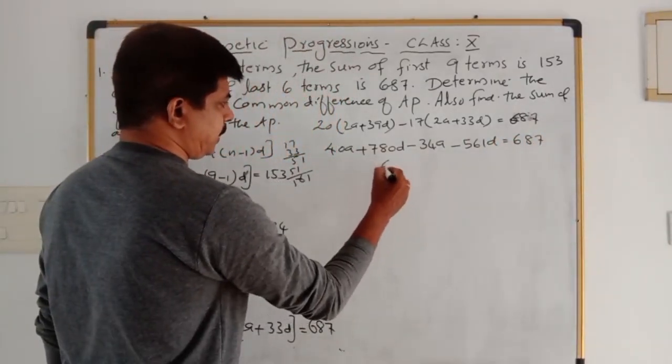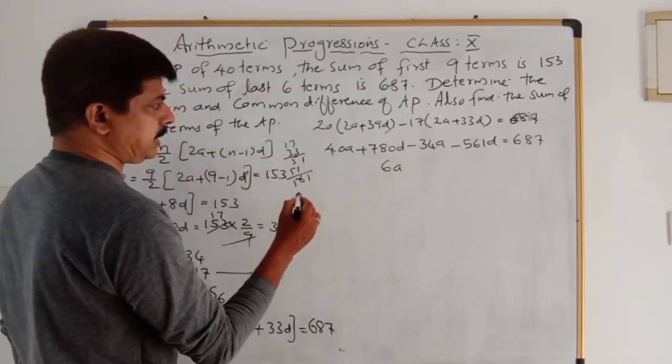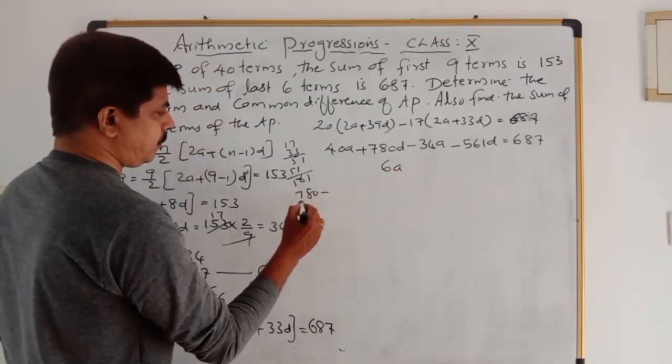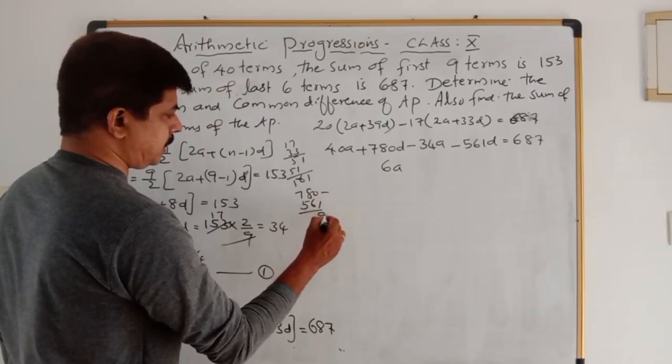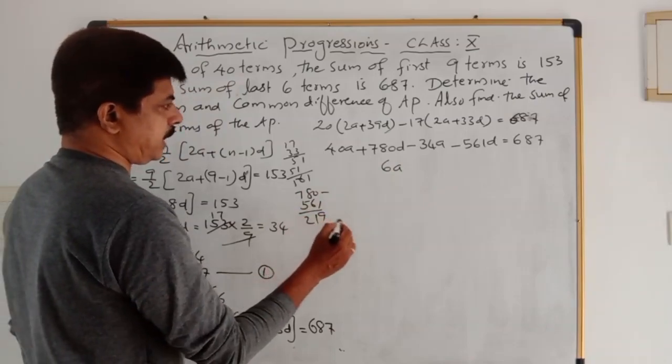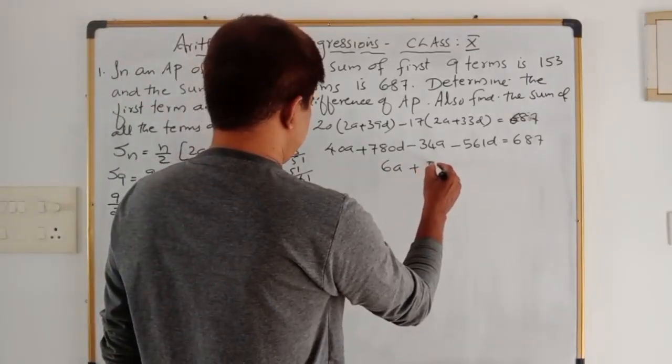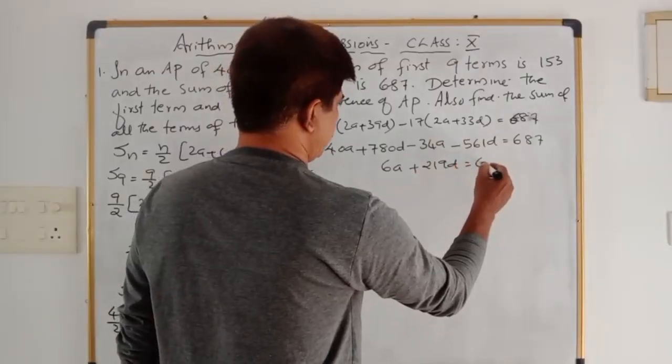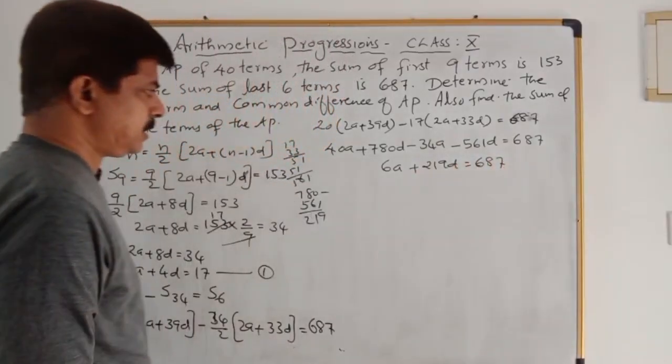40a minus 34a becomes 6a. 780 minus 561 is 219d, which is equal to 687.